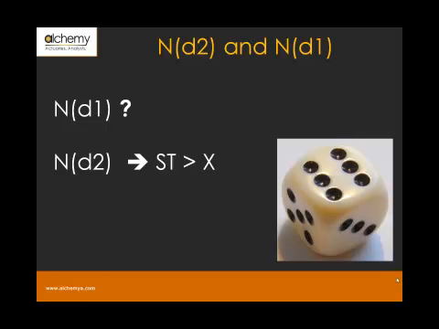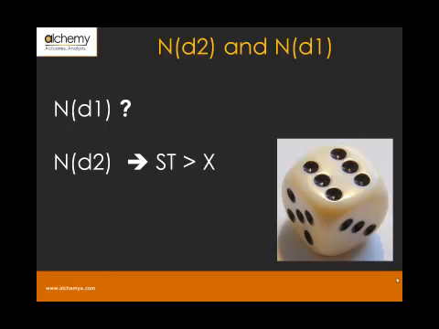N(d1) is a little different in the sense that you're saying, I only want those values of S_T. My primary interest is in those values of S_T where S_T is greater than X. So in the first instance, we were saying, what's the probability that S_T is greater than X?